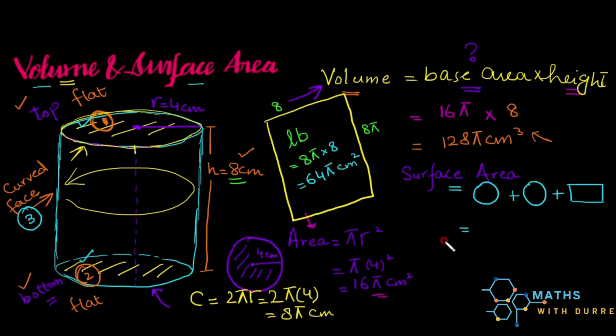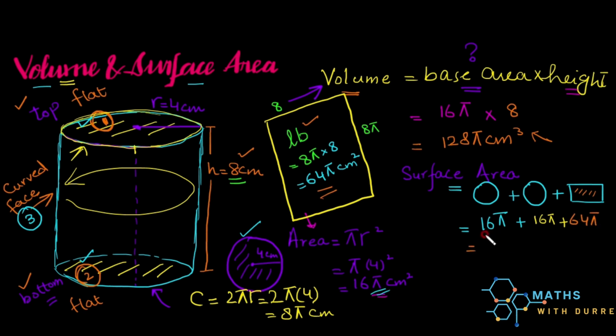We have already calculated the top area, that is 16 pi, and the area of the second shape, the bottom, is also 16 pi because both are identical, and the third one is this curved shape, this is 64 pi.